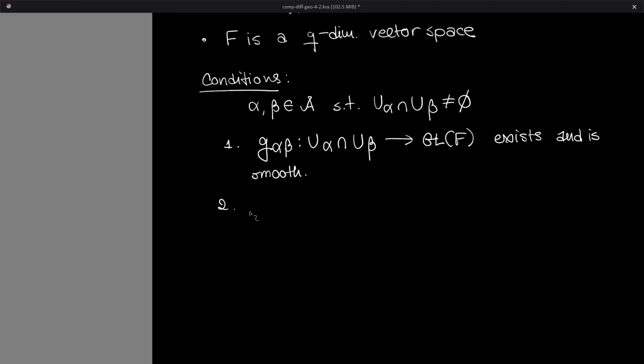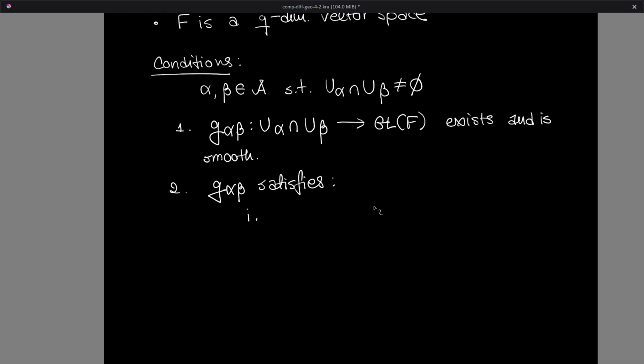Number 2. This is a further refinement of the previous one. So G alpha beta satisfies one if both of the indices are the same.